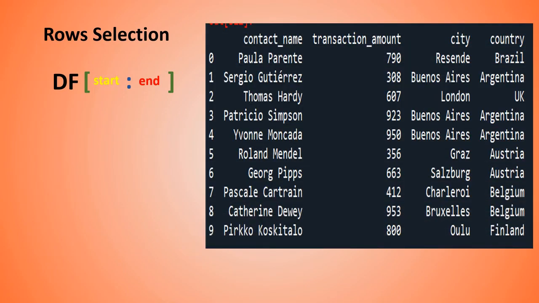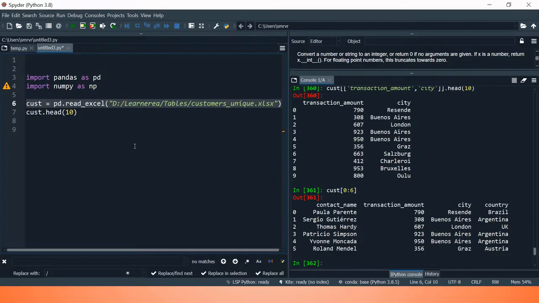For example, we have this data frame and we want to select a part of this. So here is the data frame, and we have to start the square bracket. Again in the middle we are going to put a colon, and then we want to start from the third index number from here, and we want to end it at the 7th till here. So this is how you will write this index.